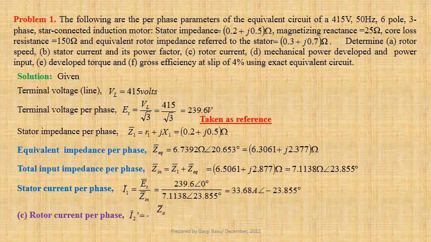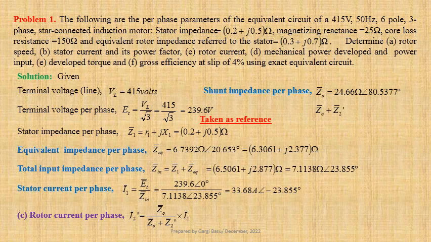Now we shall determine rotor current per phase referred to the stator side. I2' equals Z0 divided by Z0 plus Z2' into I1. We have obtained shunt impedance per phase Z0 equals 24.66 ohm at an angle 80.5377 degree and Z0 plus Z2' equals 27.563 ohm at an angle 65.2167 degree.